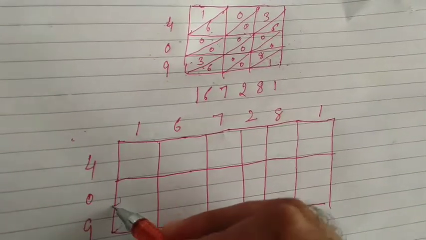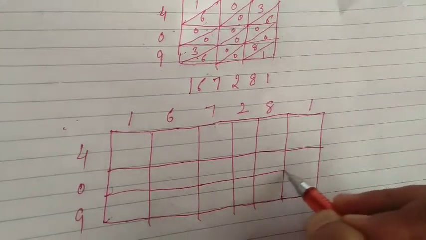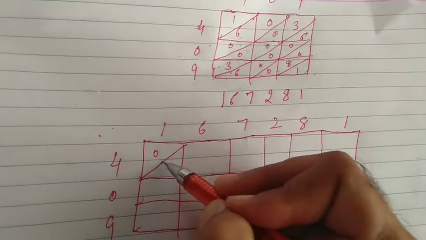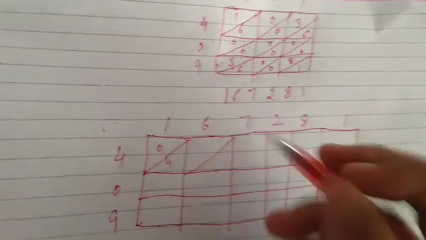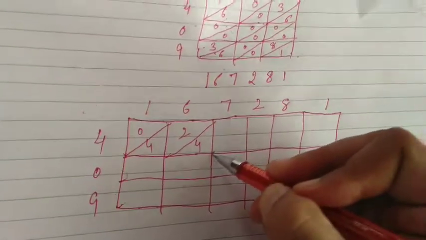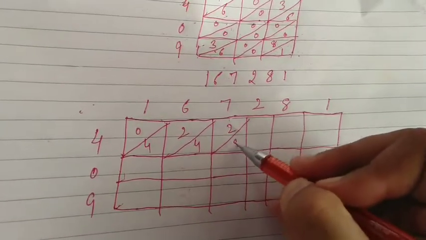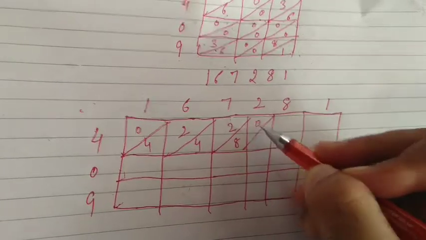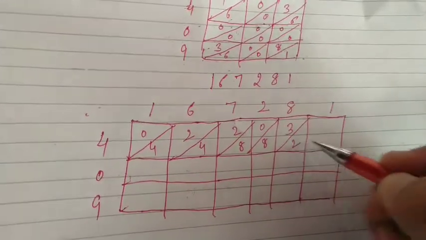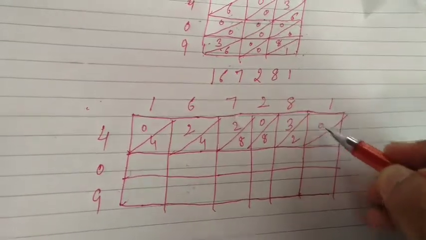Again do the same calculation. 4 1s are 4, 4 6s are 24, 4 7s are 28, 4 2s are 8, 4 8s are 32, 4 1s are 4.